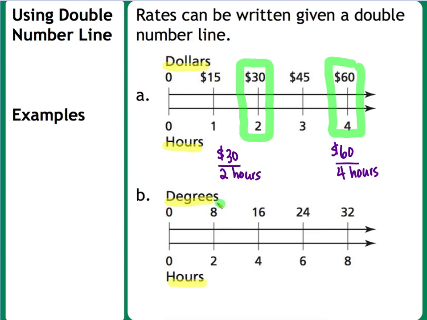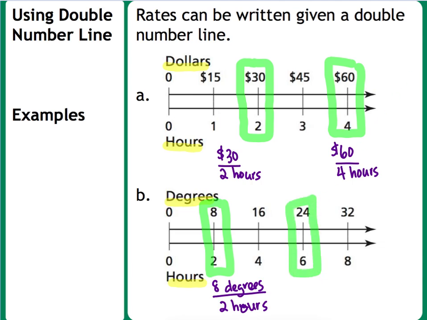All right, let's look at example B. We have, this time, degrees to hours. So we have 8 degrees for every 2 hours. Maybe this is the temperature rising during the day. 24 degrees for every 6 hours.